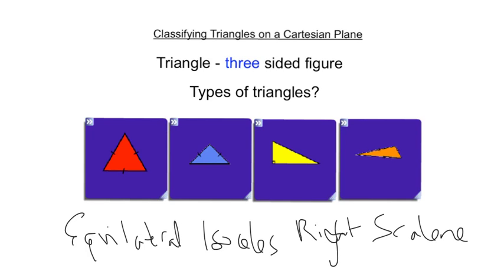Furthermore, in this right triangle, because none of the sides are the same, we could actually call that a right scalene triangle. Generally speaking, though, the scalene is kind of implied, and you would only ever classify a triangle as scalene if it's not one of the other three.